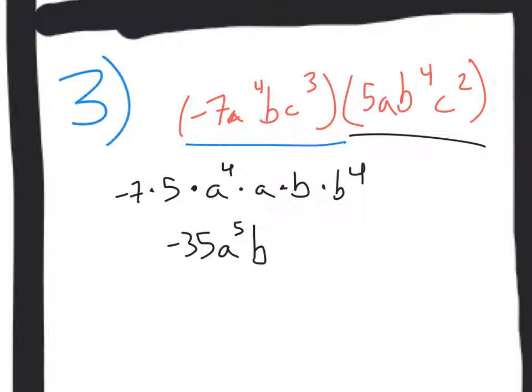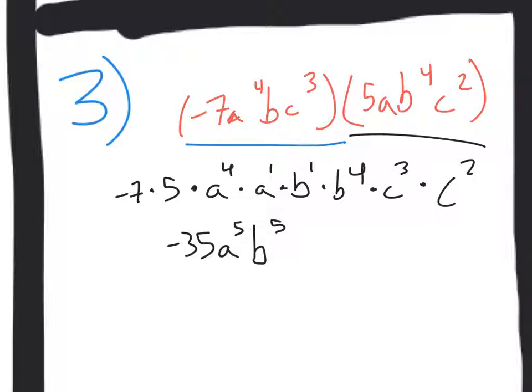That would just be b to the 5th, because 1b times b to the 4th makes b to the 5th. And I'll just do this just to help us out a little bit. Alright, and then last it's c. So we've got c cubed, so times c cubed times, that's c squared.